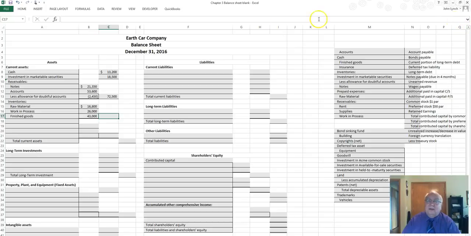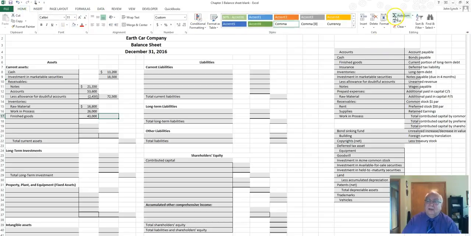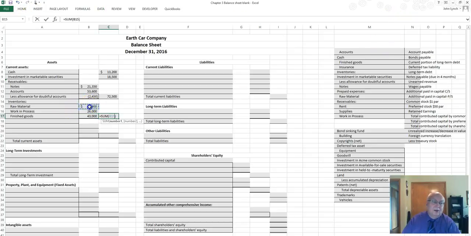And this will be just the summation of those three. Now, like I said, this is a manufacturing firm. If it was a merchandising firm, all you would have would be finished goods inventory, or just merchandise inventory. So you just have the product that you'd be selling. You wouldn't have three different inventories.